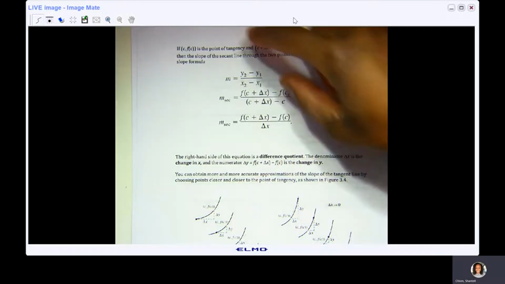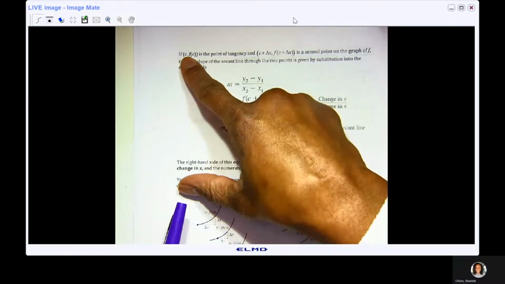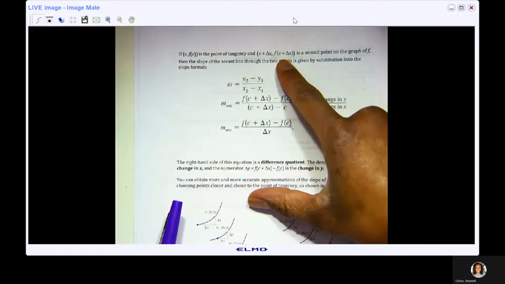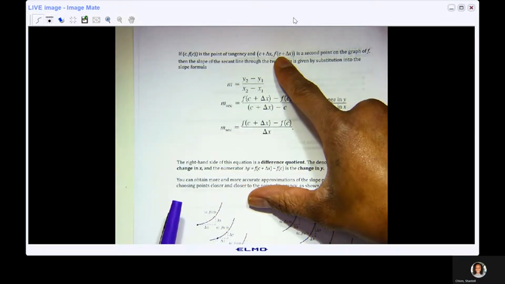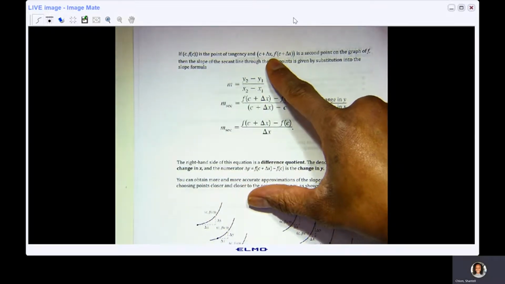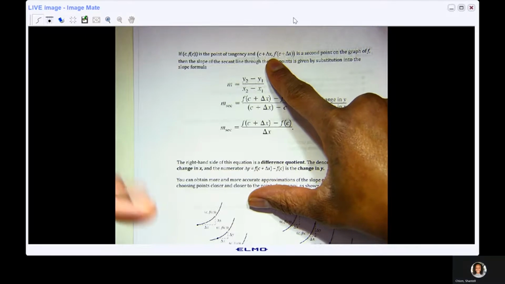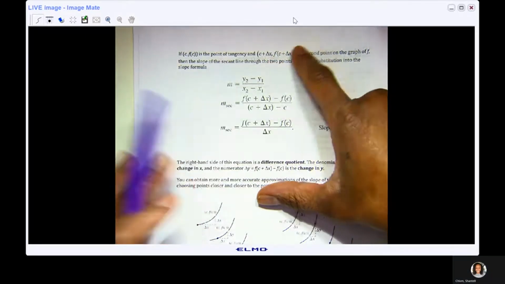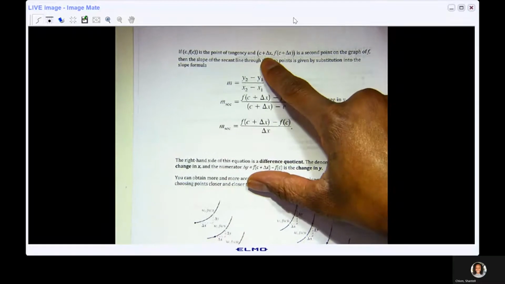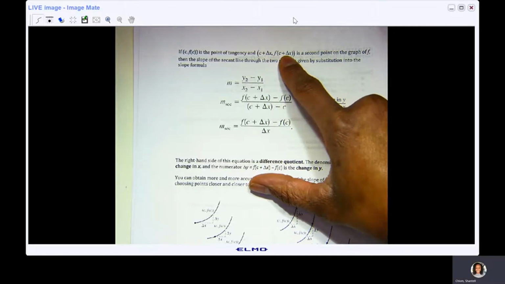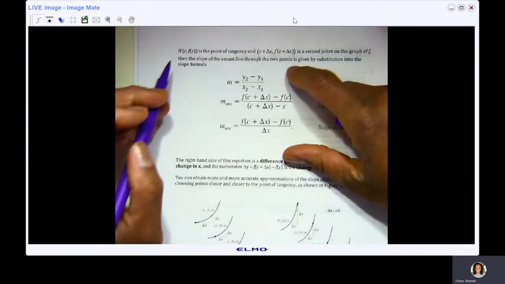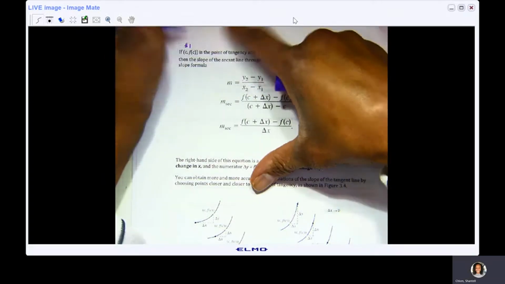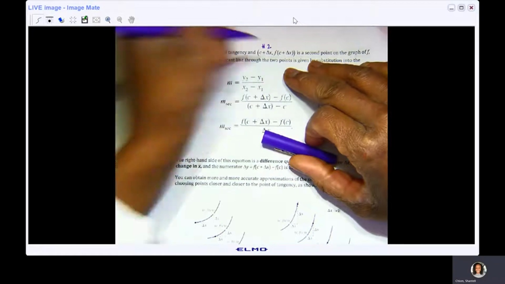So let's say first point, second point, looking at a distance. So you can say that this is 1, and this is 2.